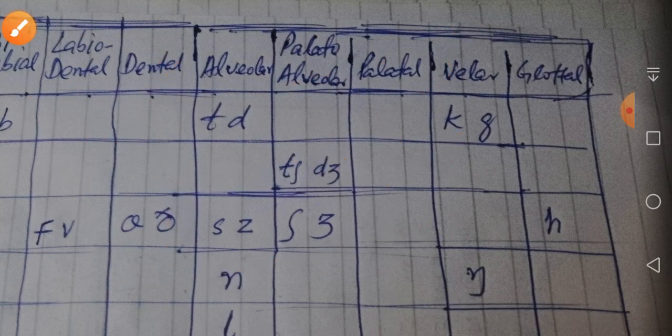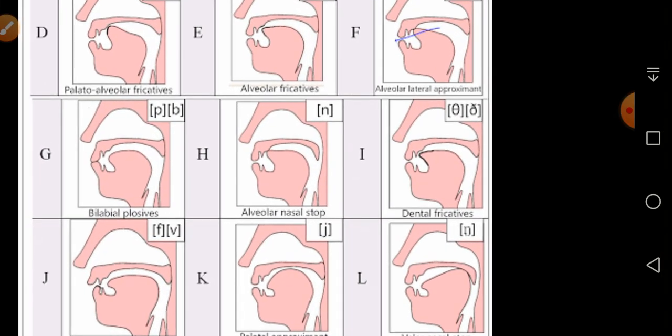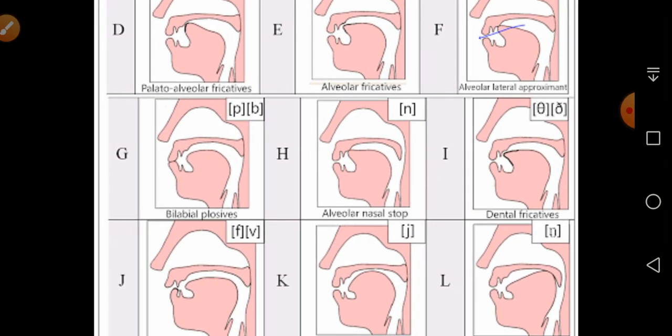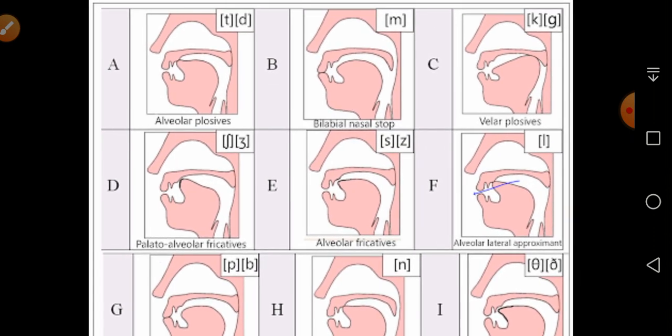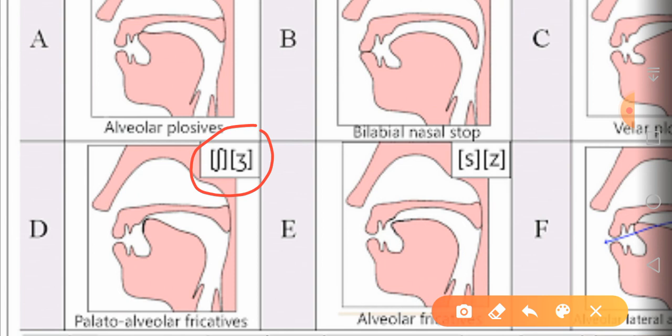Okay, let's go to the pictures and see what the shape of our oral cavity is. Let me trace it. Yes, they are here. Now this pair, the first one is voiceless, and this is voiced.